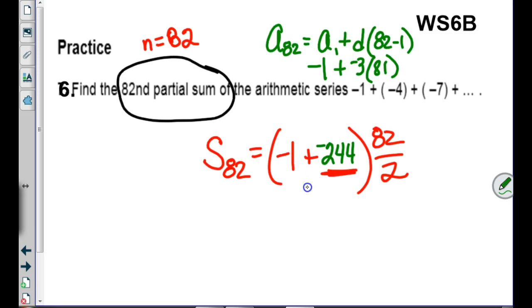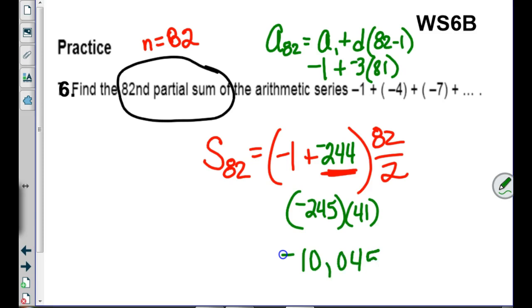Okay, so now we can find the sum. Add the first and last term, that'd be negative 245. Number of terms divided by 2. Negative 10,045, anybody?